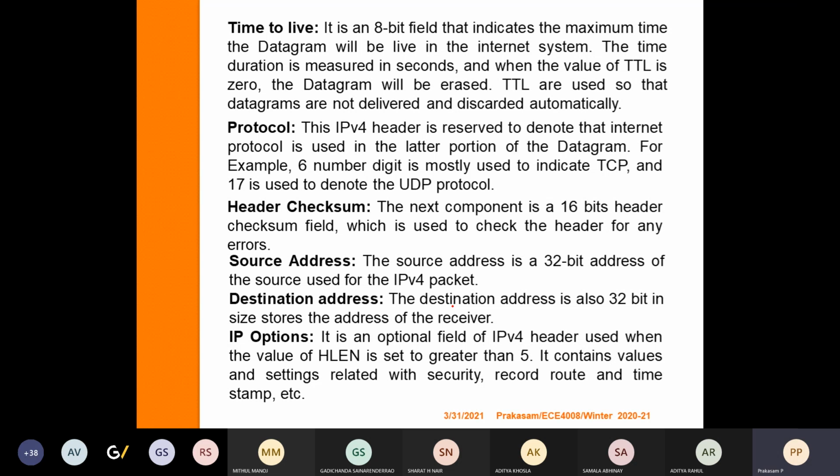Next, the header checksum is 16 bits and is used to monitor errors. Then the 32-bit source address and 32-bit destination address. If the IP options exceed the length, we add additional bytes to expand the header from 20 up to 60 bytes.